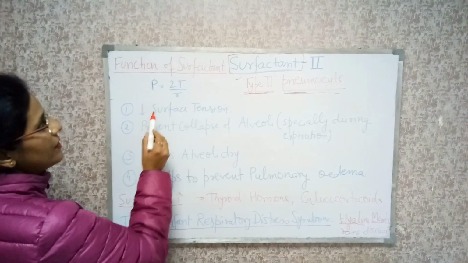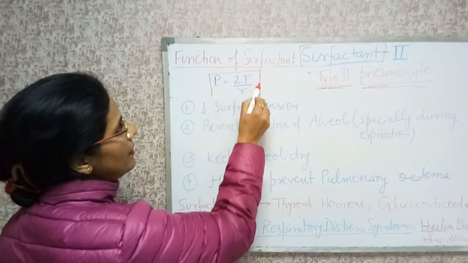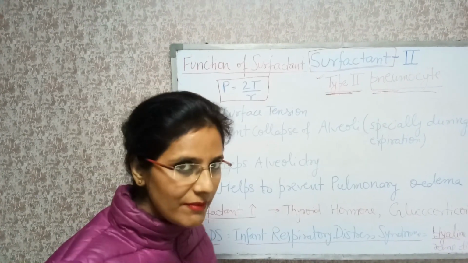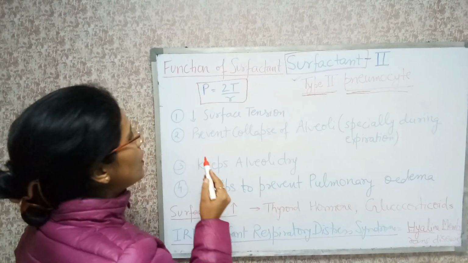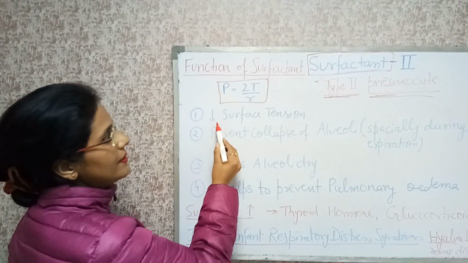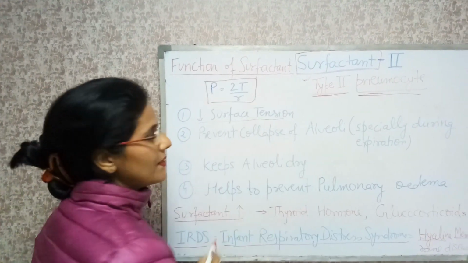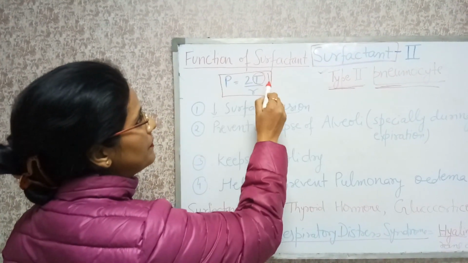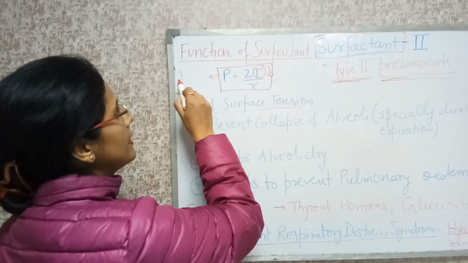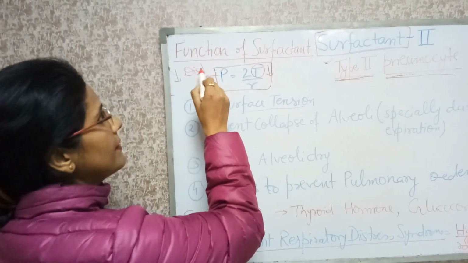Now the functions. P equals 2T upon R is the law of Laplace which we discussed in the previous video. The function of surfactant is to decrease the surface tension. By decreasing the surface tension, it decreases the distending pressure.